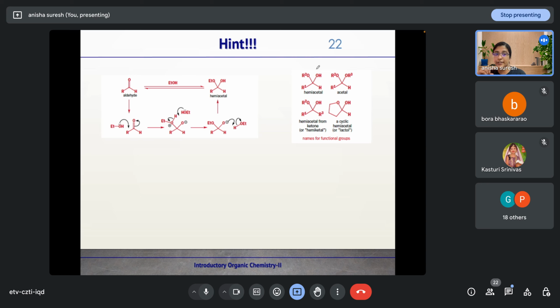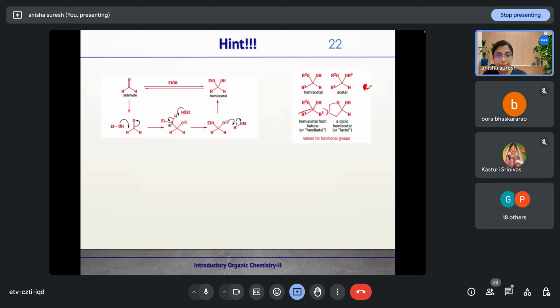So these are the different functional groups related to hemiacetal. If one alcohol and one OR is present, that is hemiacetal. If two OR are present, that is known as acetal. Then if instead of aldehyde, the addition is taking place to ketone, this is hemiketal, OR and OH.